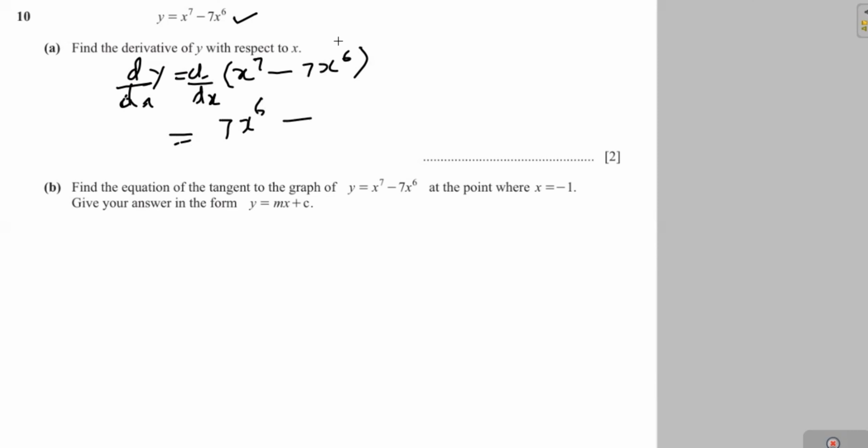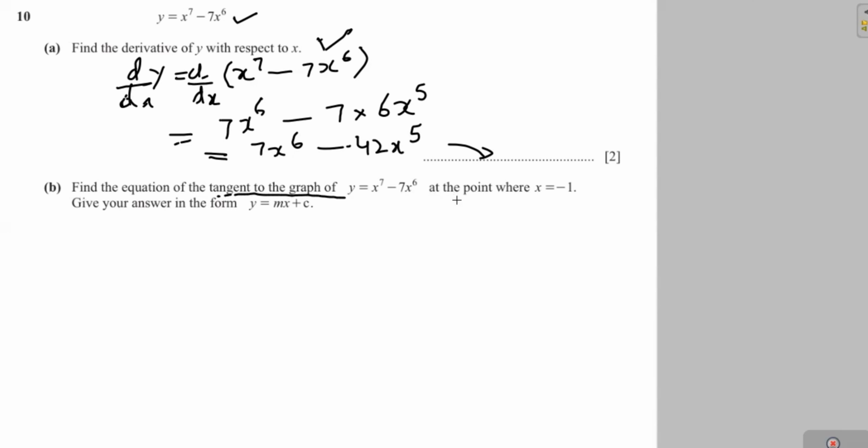And the derivative of 7 into x power 6, we will write 7 as it is, into the derivative of x power 6, which is 6 into x power 5. And this value becomes 7 into x power 6 minus 42 into x power 5. This is the answer.